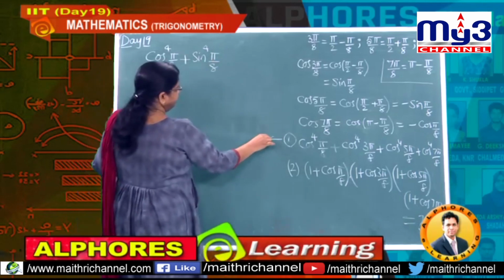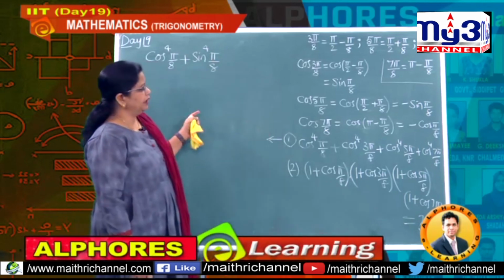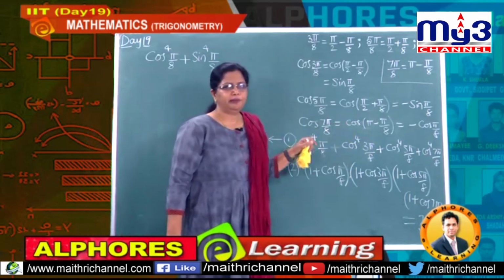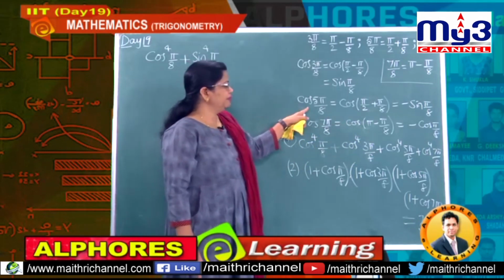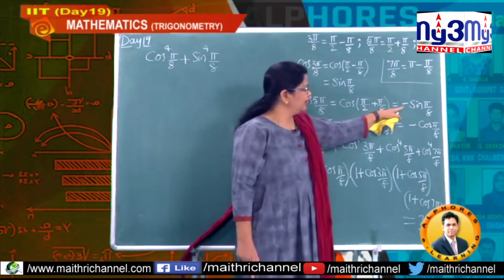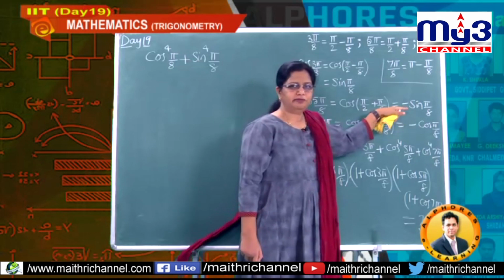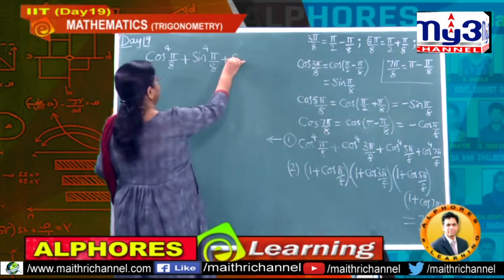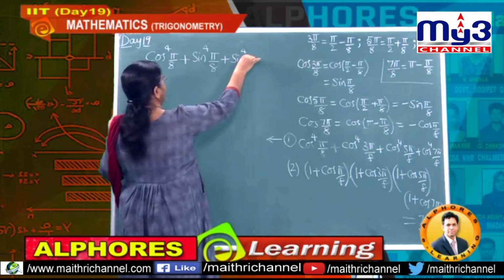And the third term, cos to the power of 4 5 pi by 8, is nothing but, since the power is even, minus whole power 4 becomes plus. Therefore this is again sin to the power of 4 pi by 8.